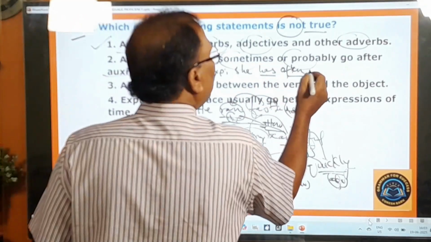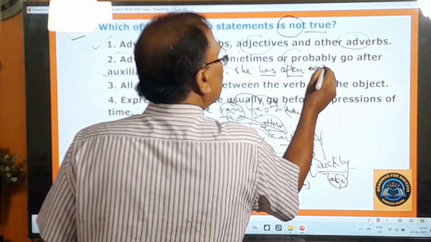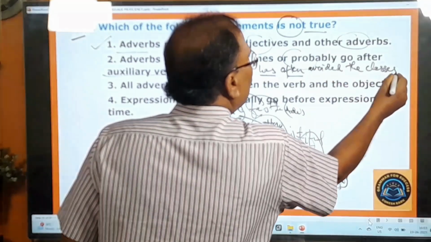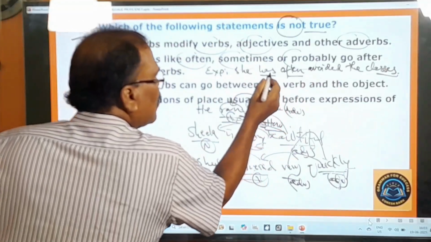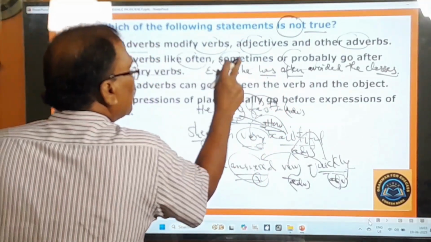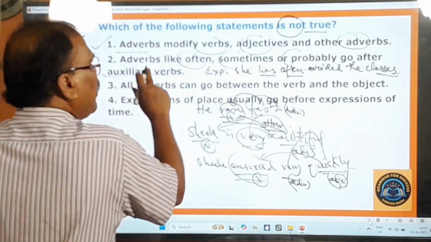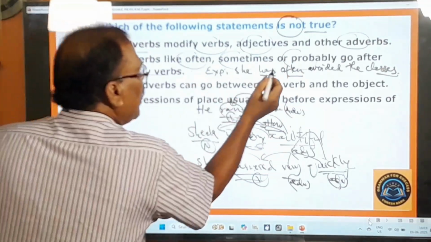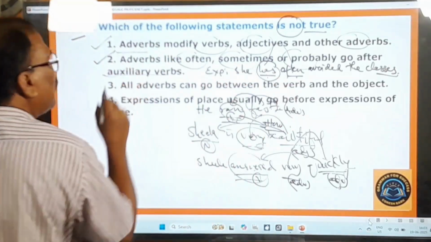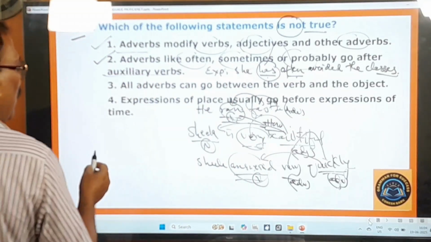She has often avoided the class. So here, this is an auxiliary verb. So adverbs like often, sometimes, probably, what happens now? They occur after the auxiliary verb. Yes, this is an auxiliary verb, and therefore this often is occurring here. So this is also correct in that way. Right, and you go to the next one.